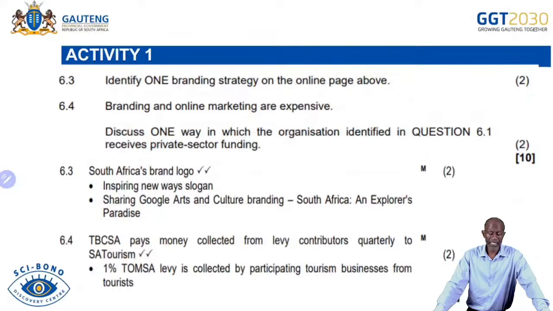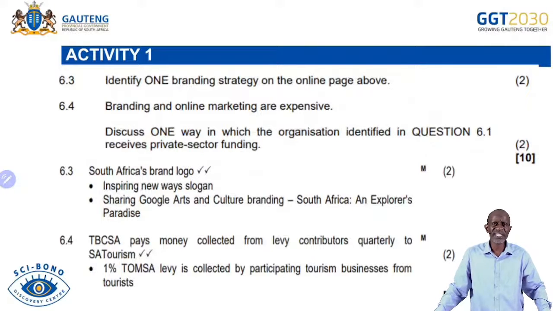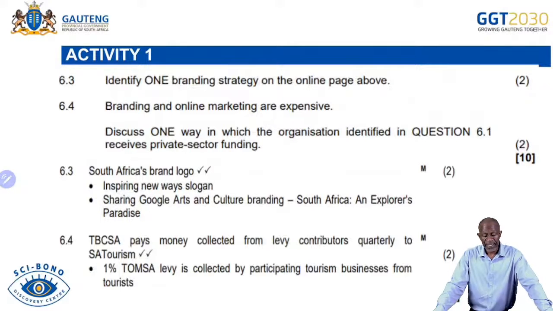The 1% levy, which is TOMSA, is collected by participating tourism businesses from tourists. So from whatever they charge tourists, they charge an extra 1% to send to TOMSA, and that is used to market South Africa as a destination of choice.